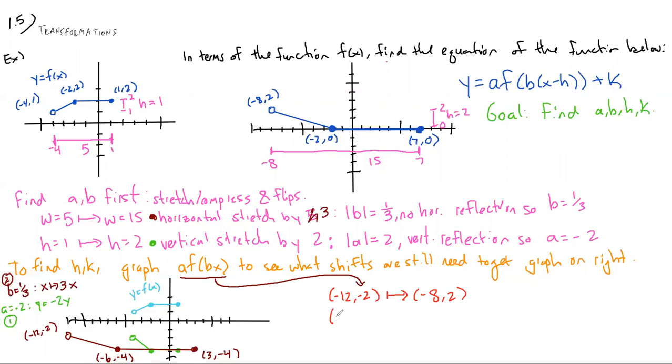The middle dot at -6 and -4 is going to turn into the middle dot at -2 and 0. And the rightmost dot at 3 and -4 is going to turn into the 7 and 0. And so those are the numbers off of the graph on the right here, in case you didn't catch that. So this is the finished product graph.